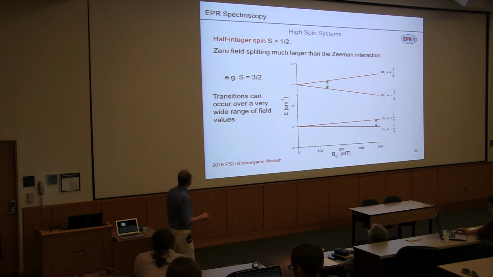The upshot of all of that is, first of all, that for systems like this I expect to see a spectrum which is going to be much wider than what I would see with spin 1/2, because I have transitions associated with the additional levels, and they typically will occur at much lower field or correspond to much, much higher g values, right?